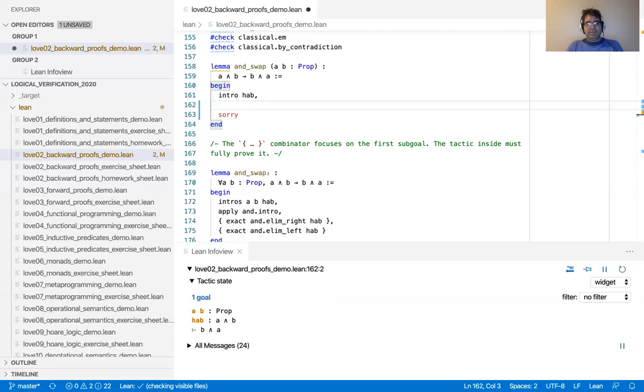So what does that mean? We want to prove something where the goal is a conjunction. That means we use the introduction rule for conjunction. And here you must notice the naming is possibly counterintuitive, because as far as we're concerned, what we're doing is breaking the conjunction apart, right? We're not introducing it, it's already there, and we're breaking it apart. So why do we call this even intro?